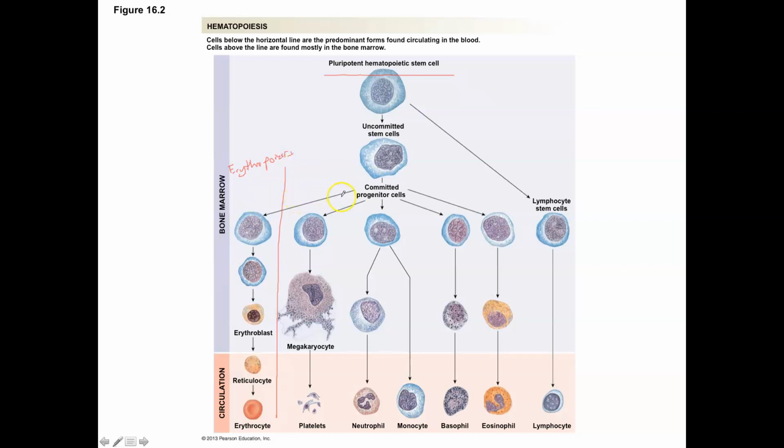If you look at this lineage here, this would be the production of platelets. So this would be known as thrombopoiesis. And then the remaining pathways, where you see the production of different types of white blood cells, this would be known as leukopoiesis.